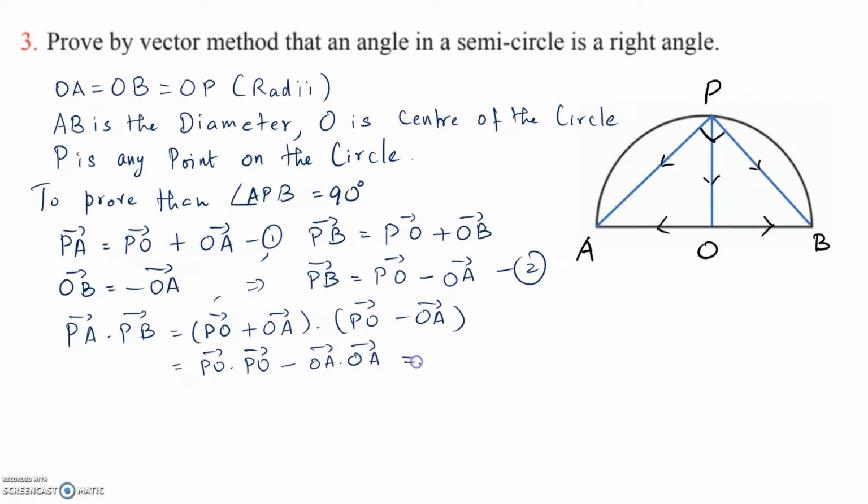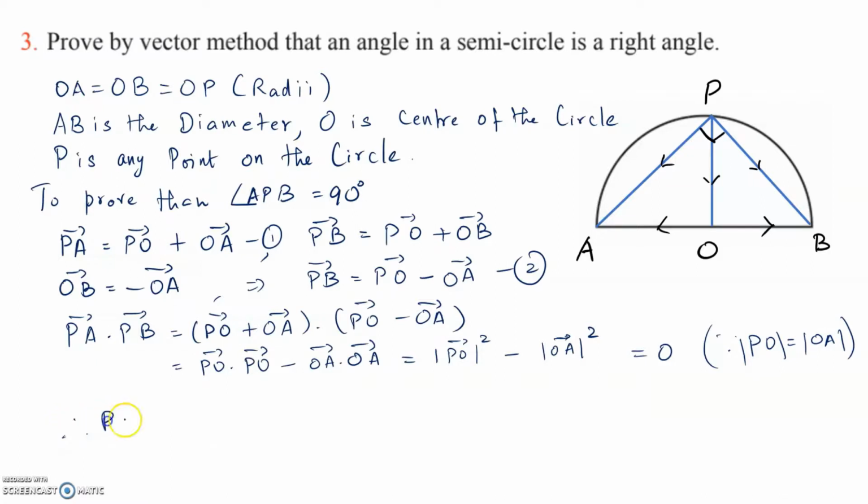That would be equal to the magnitude of PO squared minus the magnitude of OA squared, and that's equal to 0 since PO magnitude is equal to OA magnitude because they're both radii.